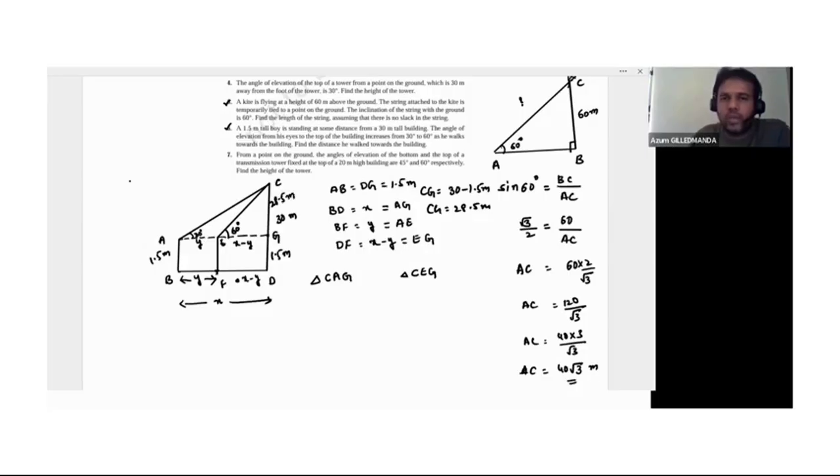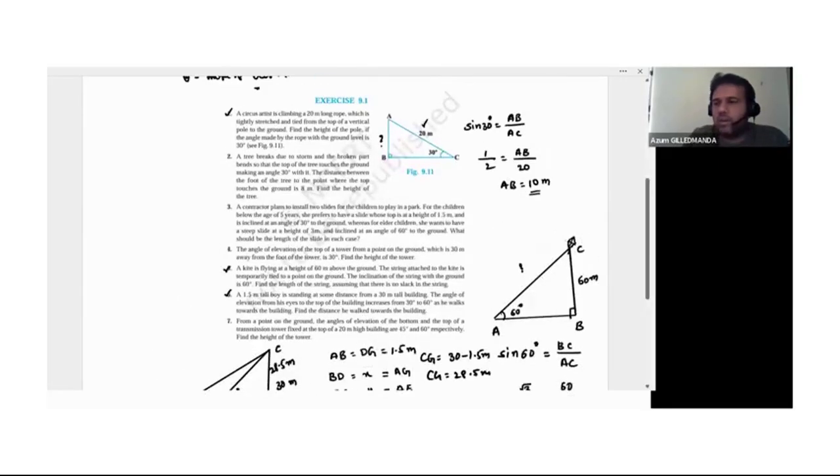This is 28.5 CG. Now from this triangle, if I use the sine 30, what is sine 30? What is the opposite side here? CG by, what is the hypotenuse? AC, but I don't know the hypotenuse, right? So I don't think we can use sine here.